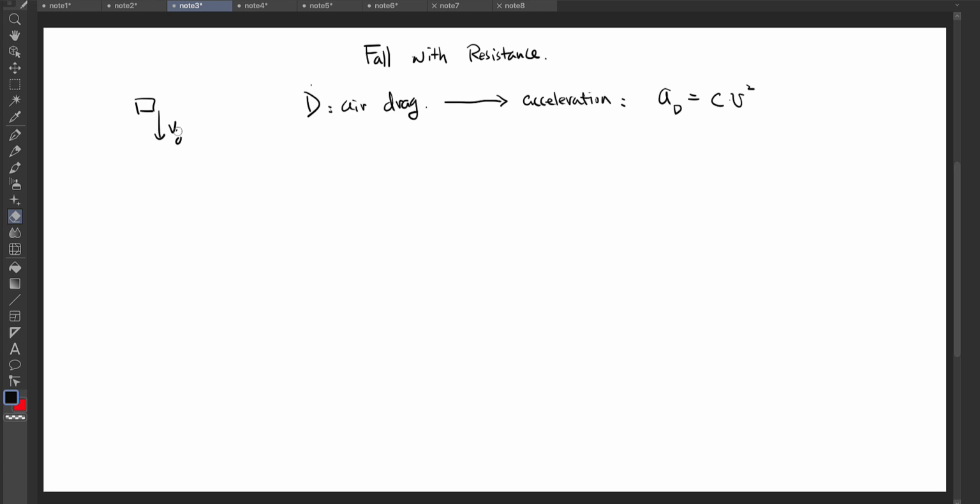Again, that shows us the freedom in labeling the physical quantities. We want to have the x-axis here, so we call it vx. And then there will be the vx here. So vx squared times a constant c gives us the acceleration due to the air drag.